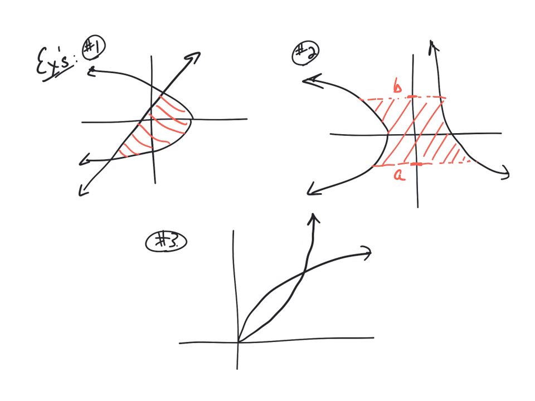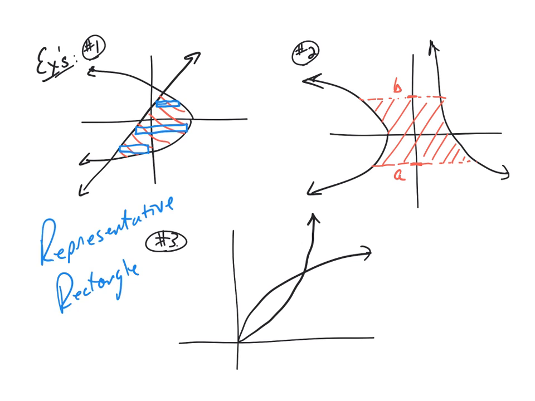And just as we did with the vertical problems, we're again going to want to understand what's called a representative rectangle. Okay? And in these 2 cases, to start with, a horizontal rectangle is going to be the way to go. Because if I draw a horizontal rectangle in this first problem, no matter where I draw it, high or low, the horizontal rectangle will have which curve on the right and which curve on the left?